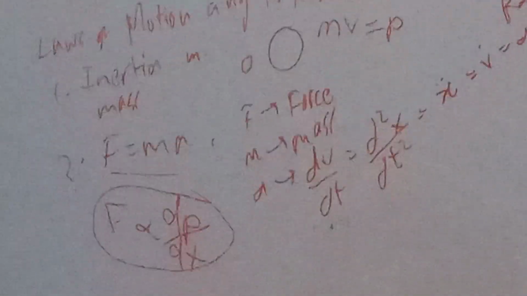Now what is p? I forgot to mention in the first law that what Aristotle was wrong about was this thing called mv, right? He thought this was force, but no, it's actually a thing which we denote as p. It's actually a thing called momentum. I can write that down. So momentum.